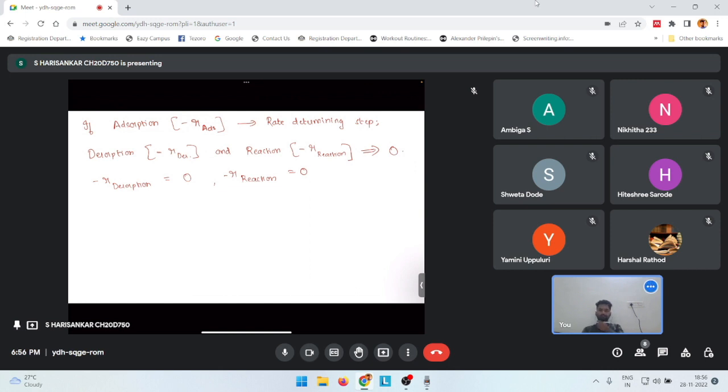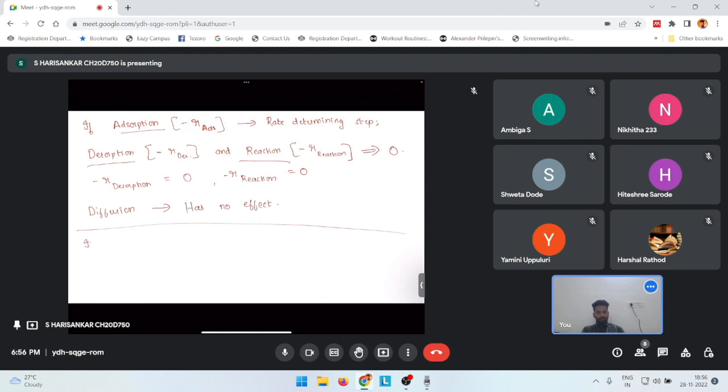Again, just to repeat, the external diffusion and internal diffusion have no effect here. Only these three, adsorption, desorption and reaction, can have an effect. If adsorption is the rate determining step, the rate of desorption and rate of reaction will be zero. You can write this the other way as well.